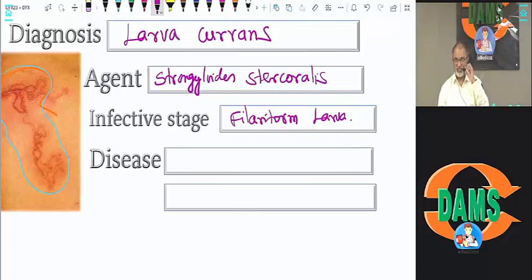What does it cause? Hyperinfection syndrome and also autoinfection.